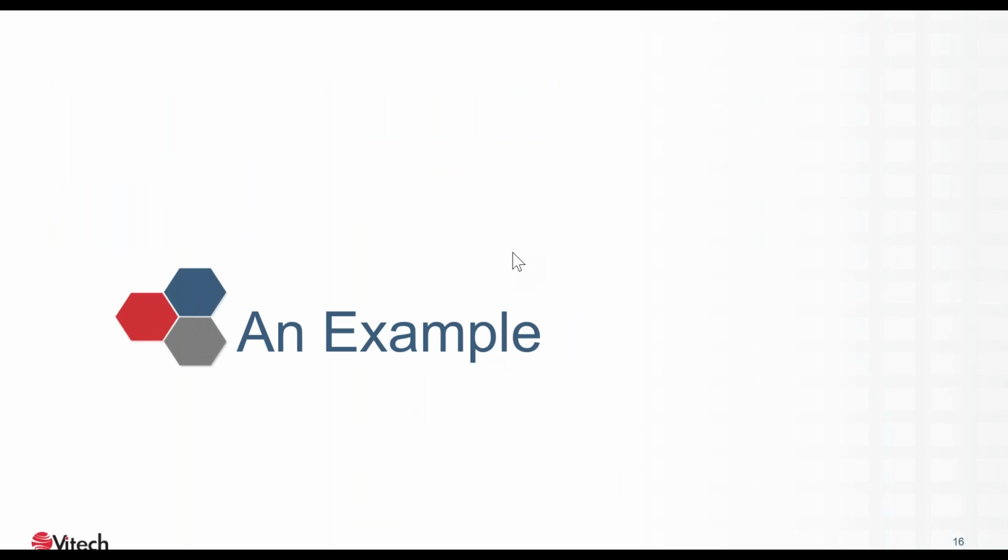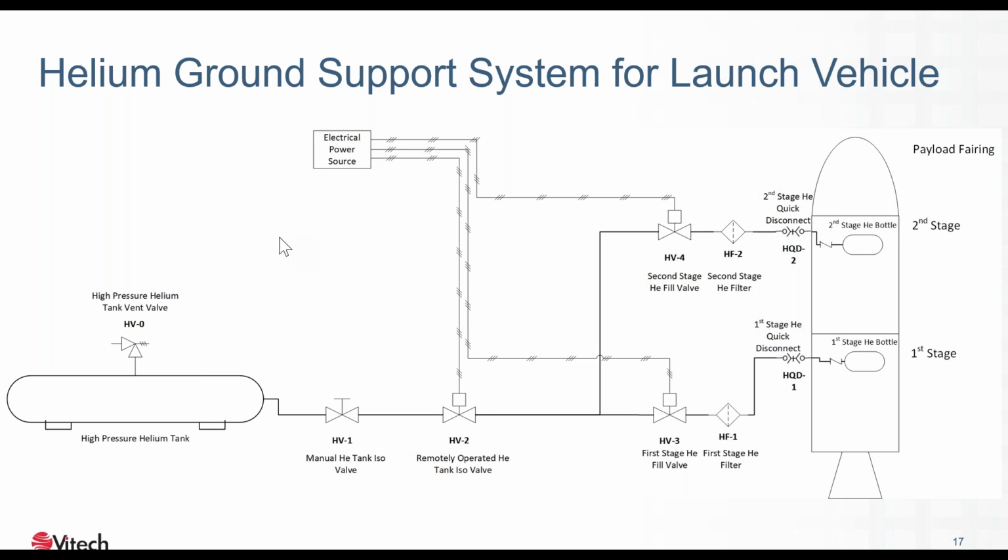Okay, so we've talked a little bit about these capabilities in the abstract. Let's now look at it in terms of an actual example, and hopefully that'll help make all this a little bit more concrete. The system that we're going to look at, just as a very simple example, is a two-stage rocket. Think of any small booster, a two-stage rocket to provide payloads to low Earth orbit.